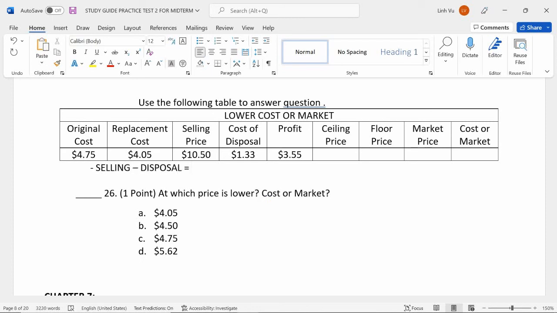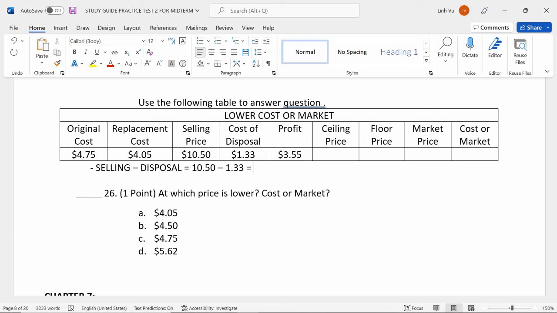And that is, let me see, we sell our product for $10.50. To dispose of it is going to cost me $1.33. So therefore, you should have your total here.